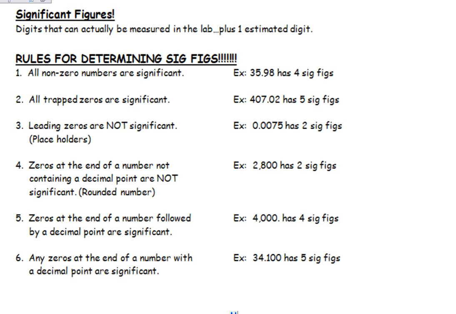Okay, so easy. If you have a number, let's say we had 35.98 grams, or whatever the measurement might be, all non-zero numbers are significant. They're all part of the measurement. And remember that the last spot is always the estimate. So we'd say this was the estimate.